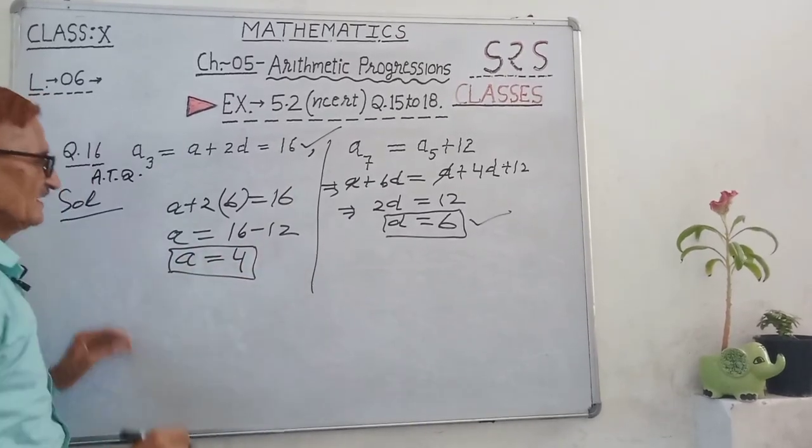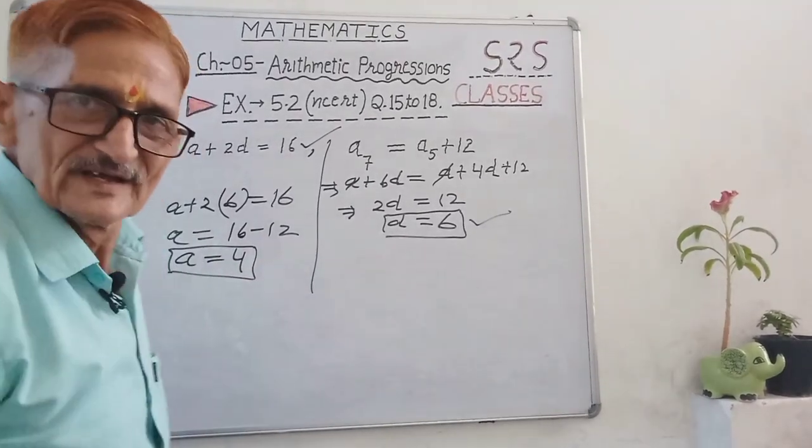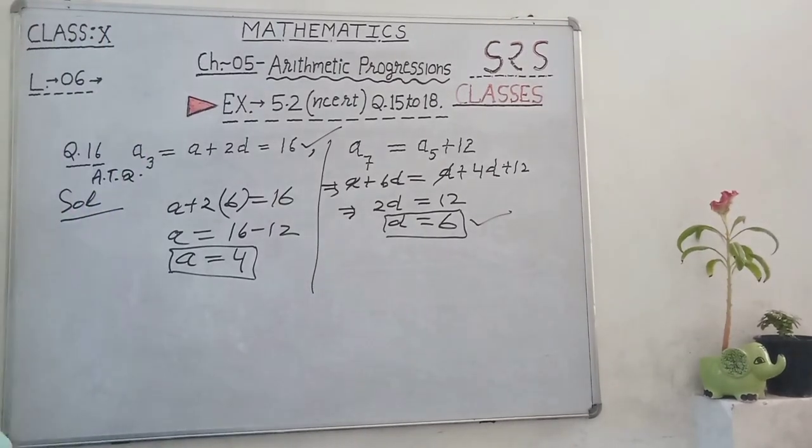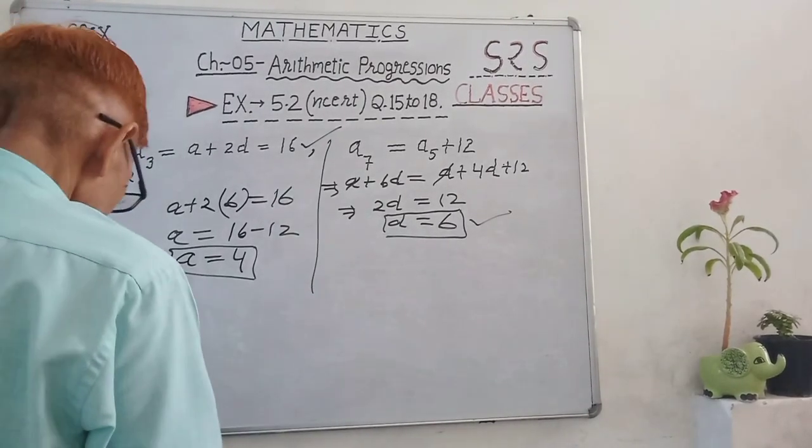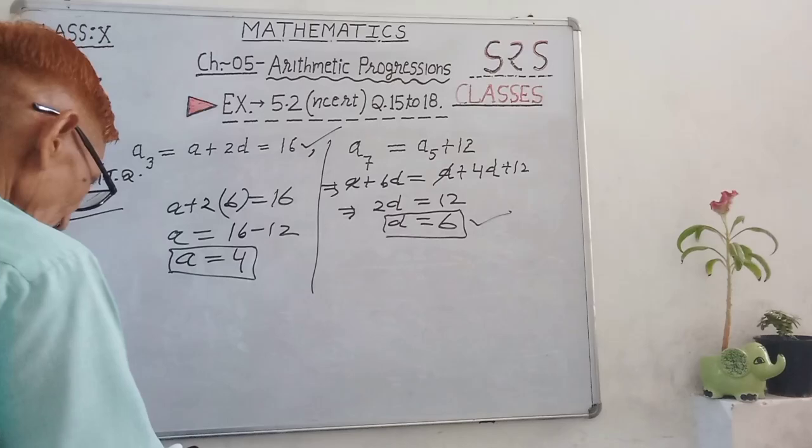So A calculated, D calculated, okay, then the series we can make. So what is being asked in the question? Determine the AP.